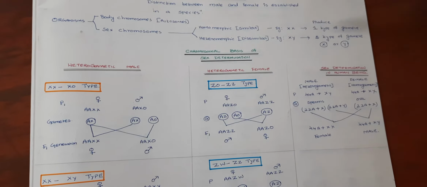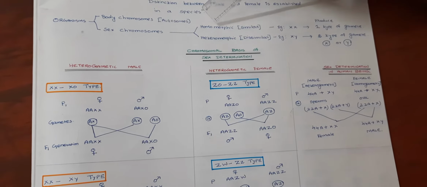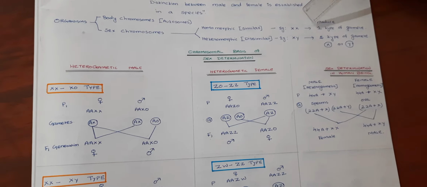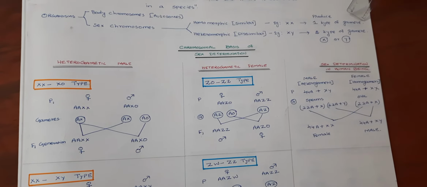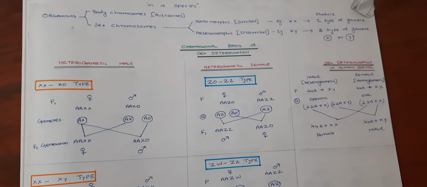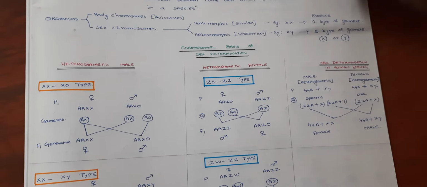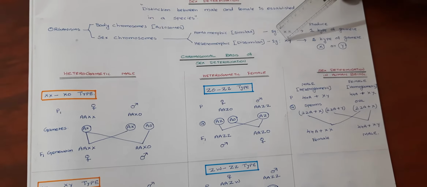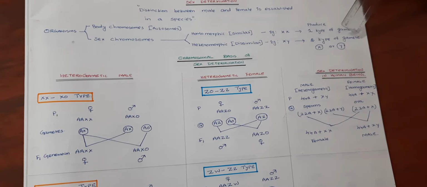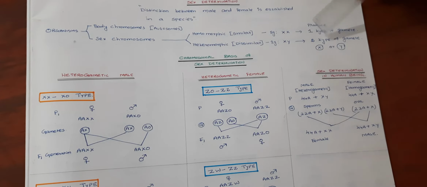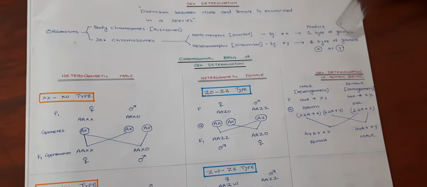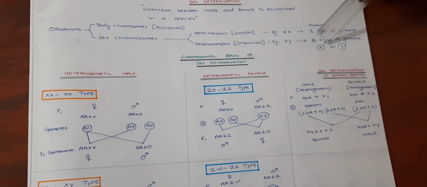And more importantly, XX, the homomorphic, produces only one type of gamete, hence it is called homogametic. Heteromorphic sex chromosomes produce two types of gametes, either X or Y, hence it is called heterogametic.